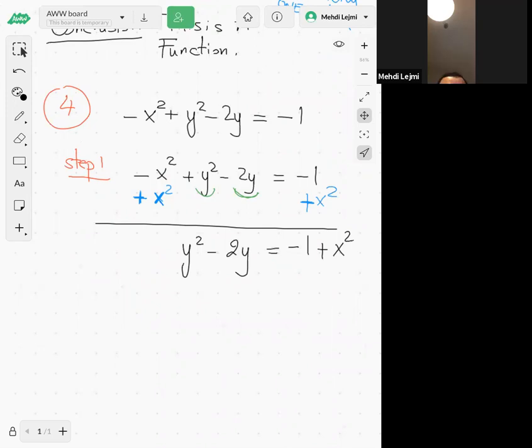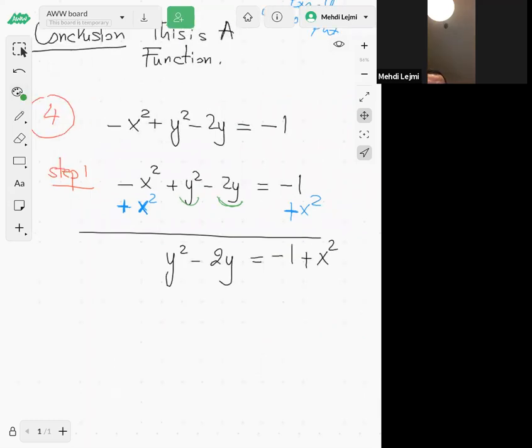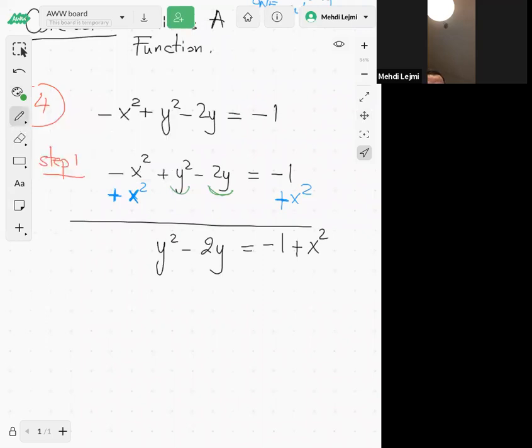We have this y squared and we have this minus 2y. Well, one thing you can do here is, y is a common factor here, right? This is y squared, this is 2y. So you can factor out y.